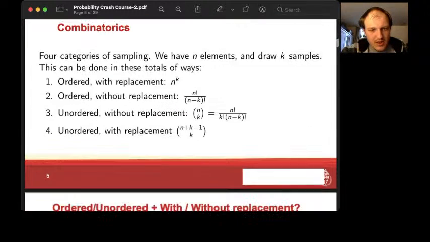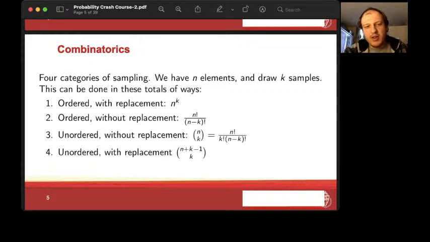Okay, so we have 4 types of sampling based on whether it's ordered, unordered, with and without replacement. The difference between ordered and unordered is whether you care about the order or not. So if you want to make groups of people, for example, you have 20 students and you want to make groups of 3 people, then you don't care about the order.